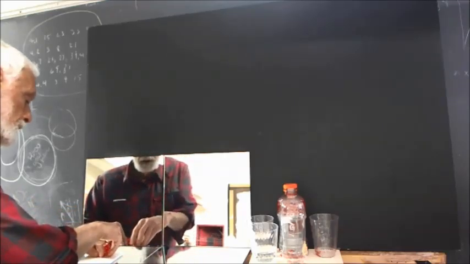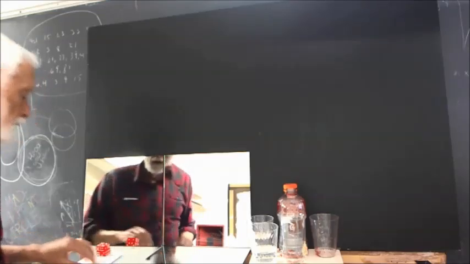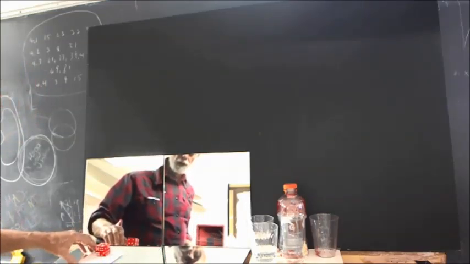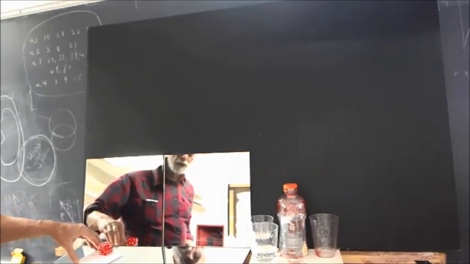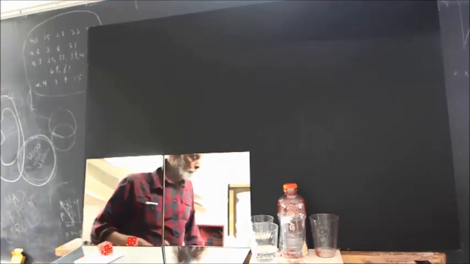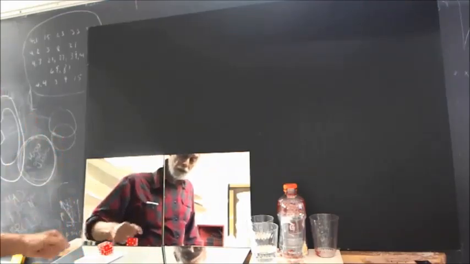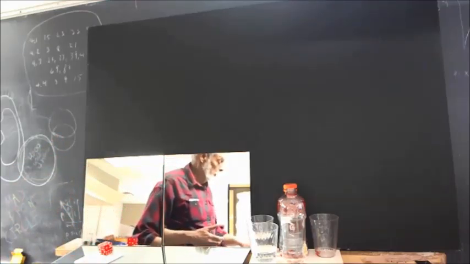Well, I could if my hand was steady right now. Okay. So there they are. And if I rotate the system, we can clearly see what we have. Now, that's a cube. Every face is a square. All the faces meet at right angles. All the edges meet at right angles.